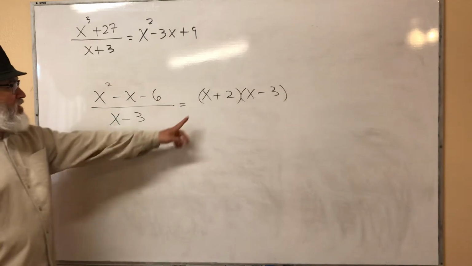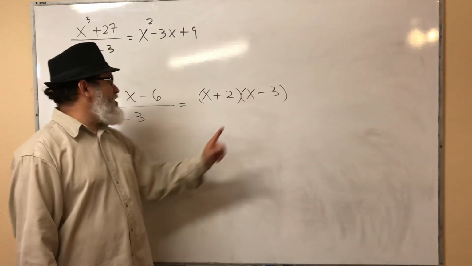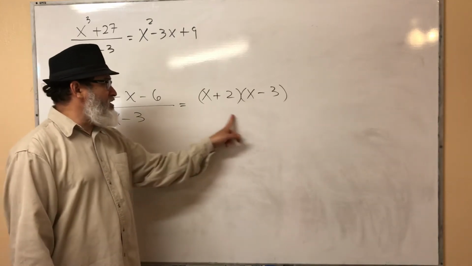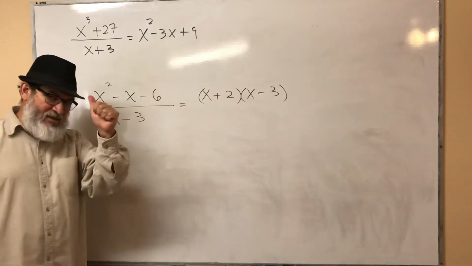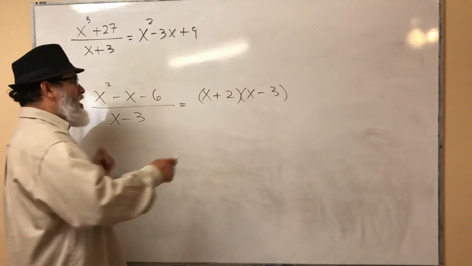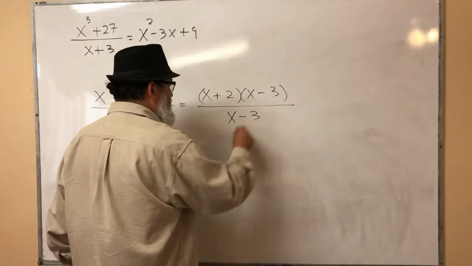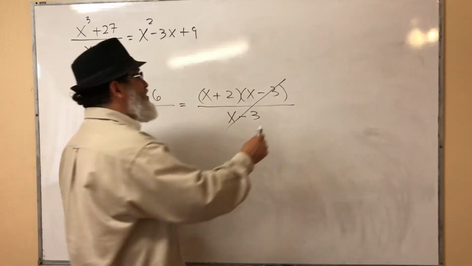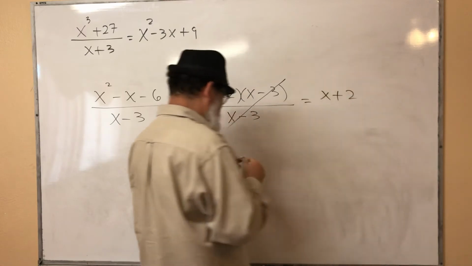That'll work. X times x is x squared. 2 times negative 3 is negative 6. Inner is 2x. Outer is negative 3x. 2x minus 3x is negative x. Got it. We got the top. Look at the bottom. X minus 3. They cancel. Our answer is x plus 2.